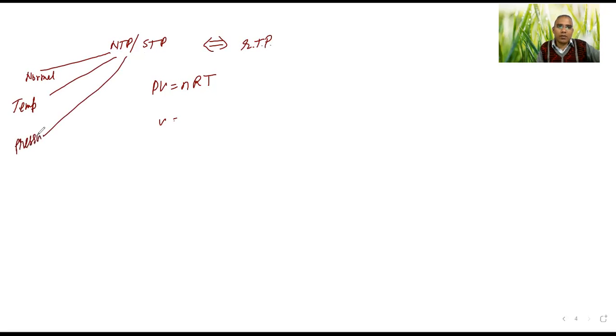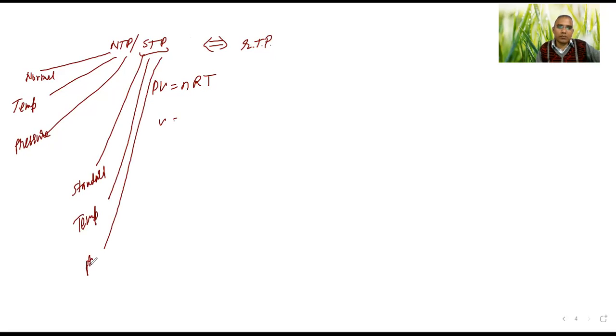S stands for standard, T for temperature, P for pressure. So standard temperature pressure or normal temperature pressure, they are the names.